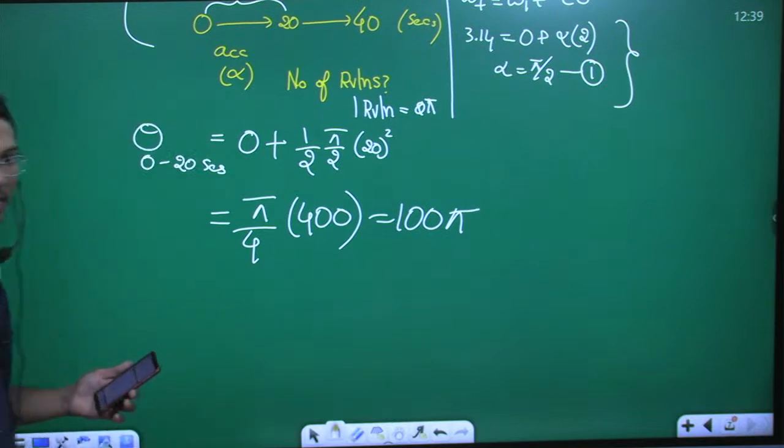So finally we got theta is equal to 100 pi for 0 to 20 seconds. Now let's try to find theta for 20 to 40 seconds.